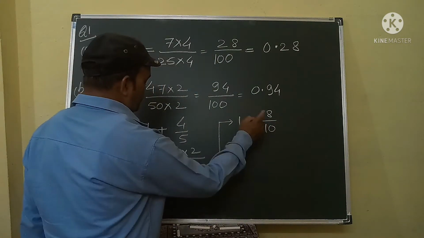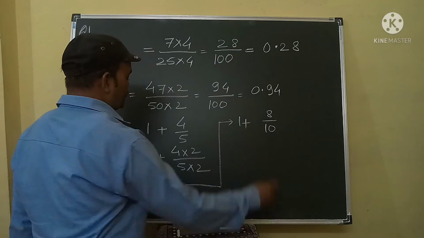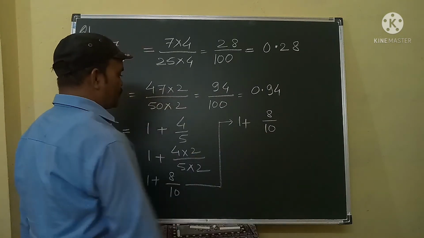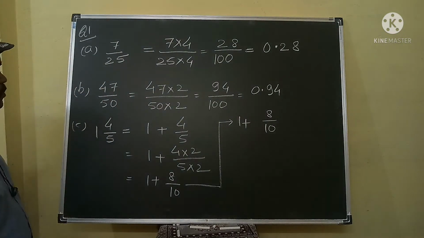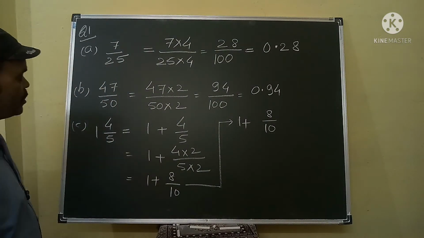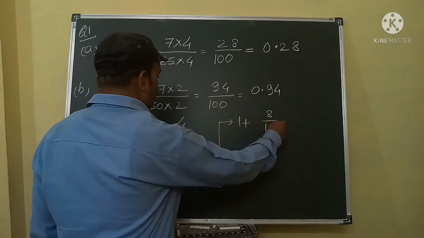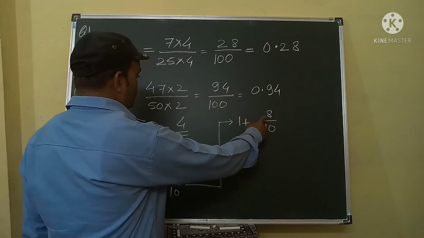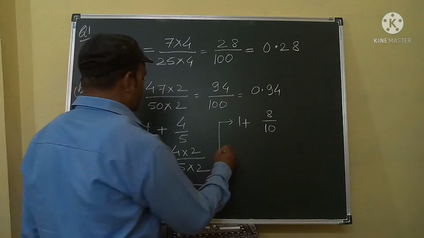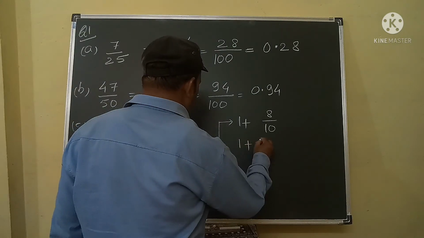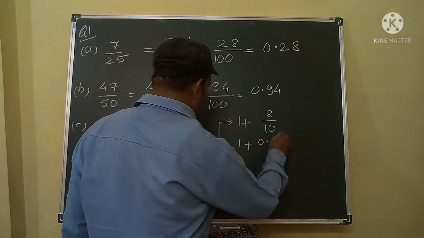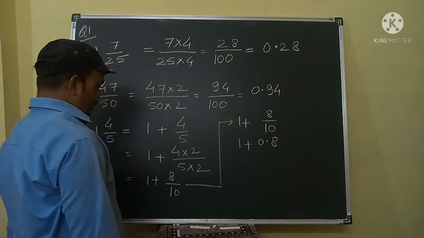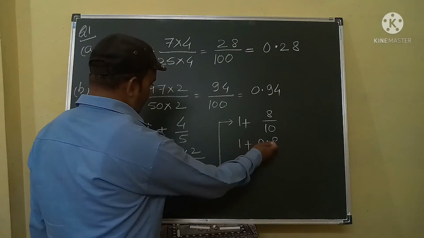Now in 8 upon 10, 10 is in the denominator, and in 10 the number of 0s is 1. So in the numerator we will put the decimal point before one digit. It will give you 0.8. 8 upon 10 means 0.8. Then after that we will add 1 and 0.8.